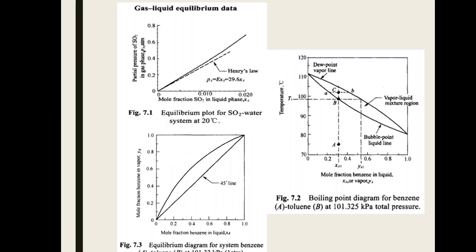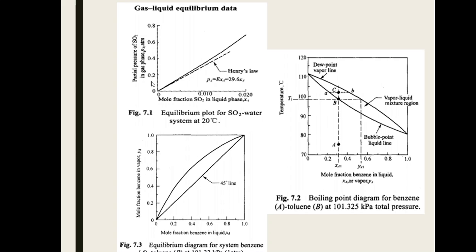Now, we have the last type of depicting relationships of variables at equilibrium. These are samples of equilibrium diagrams. The most common one is here in the bottom leftmost portion. So you have the mole fraction xA in the liquid to mole fraction yA in the vapor.